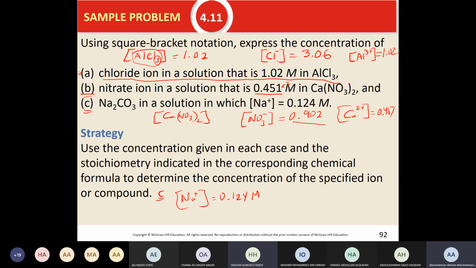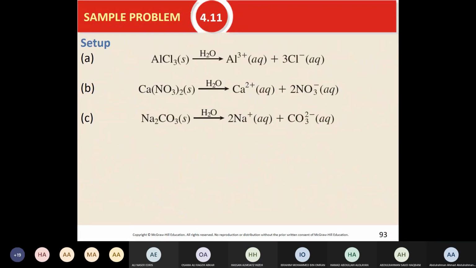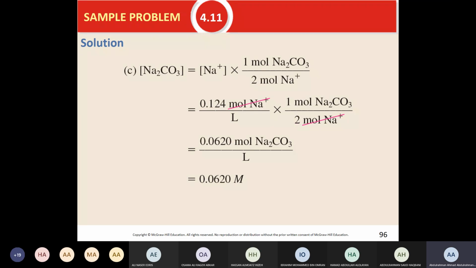So we divide by 2. Exactly. So the concentration of Na2CO3 is divided by 2. What are you going to get? 0.062. Exactly. Clear? Any question? I hope this is clear.